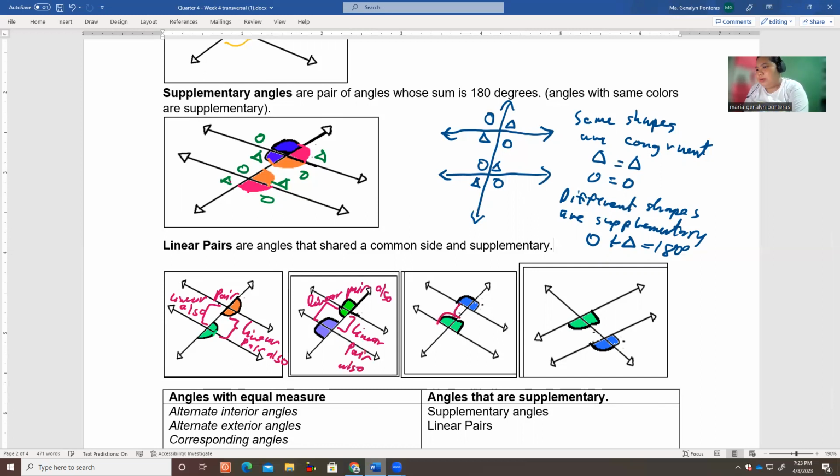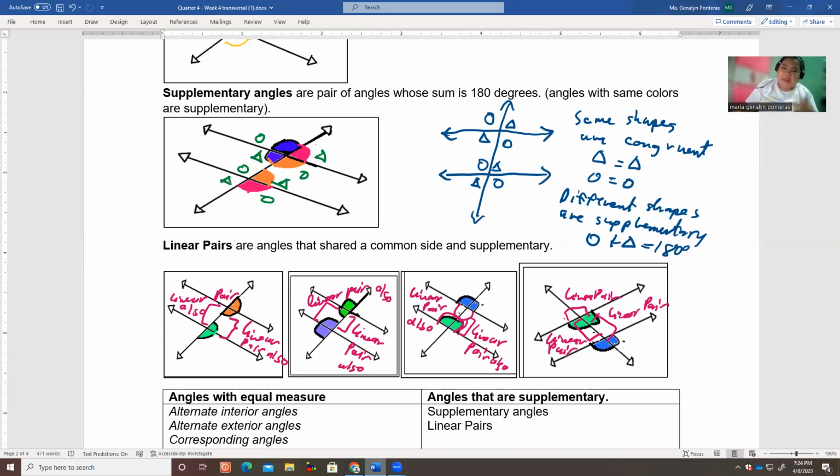These two angles here are a linear pair also. So these are linear pairs. This one is also a linear pair, and this one is also a linear pair.